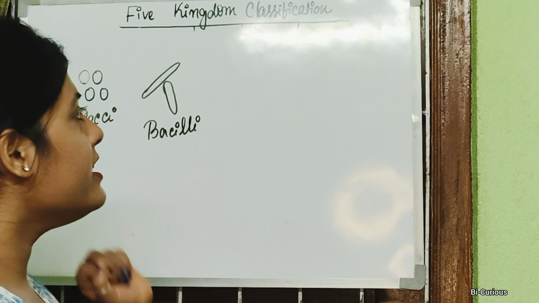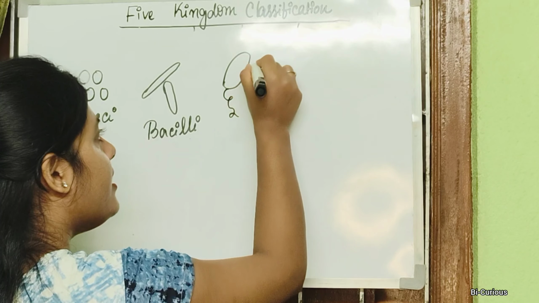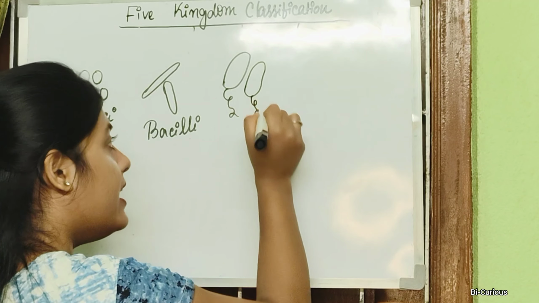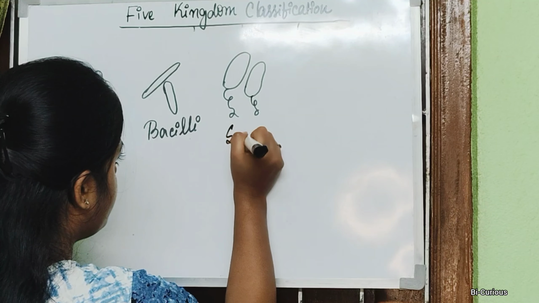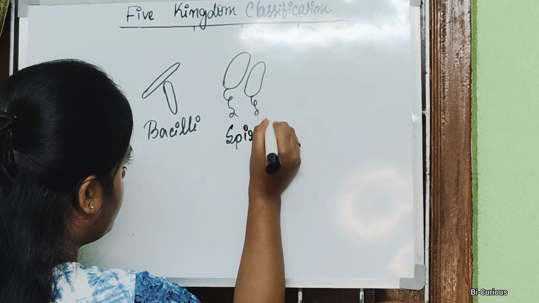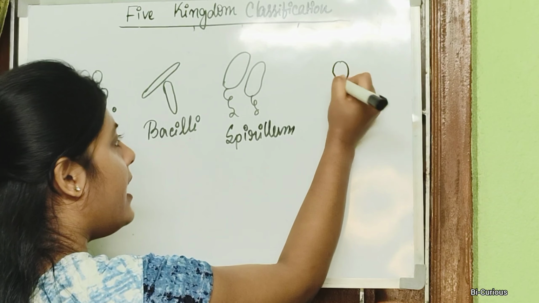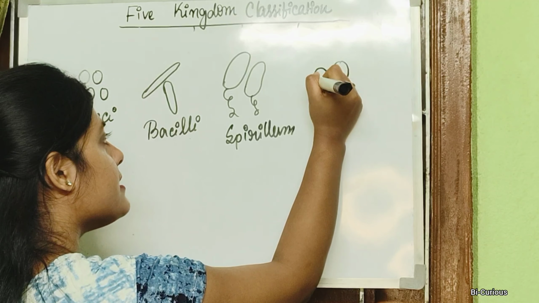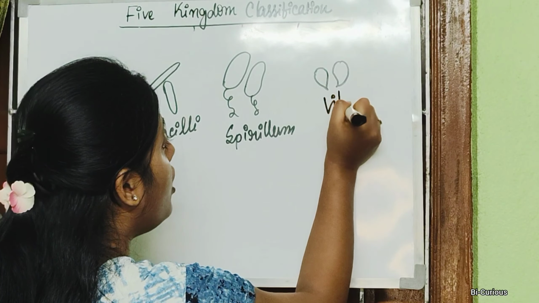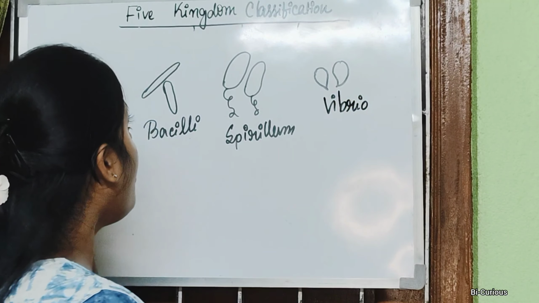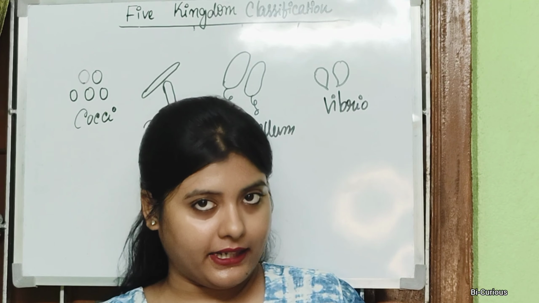Next, if spiral structures are present in any bacteria, then this is called spirillum. And lastly, if any comma-shaped bacteria are present, this kind of bacteria is called vibrio. So on the basis of the shape, we can also classify the bacteria.